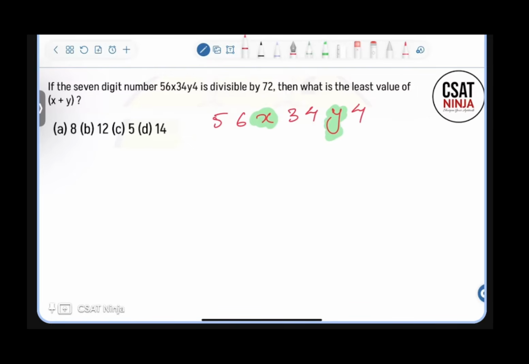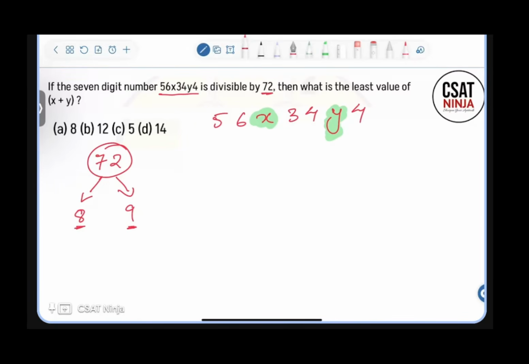But before that, we need to simplify something here. I have 72. We have learned the divisibility rules, but not one for 72. But can I break the 72 into 2 parts? 72 is nothing but 8 into 9. 8 9s are 72. So if this number here is divisible by 8 and divisible by 9, then I can say that it is divisible by 72.